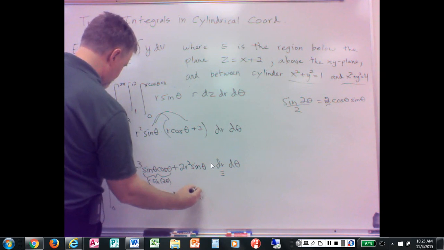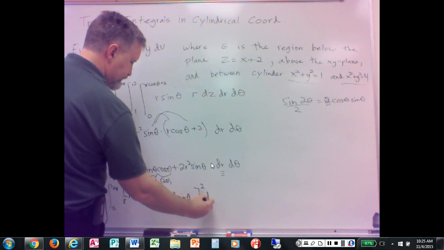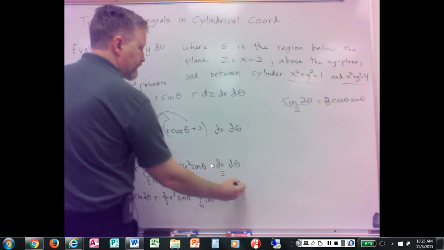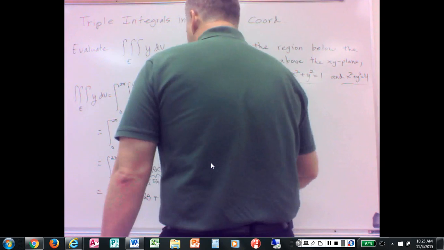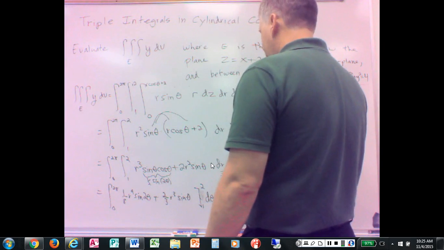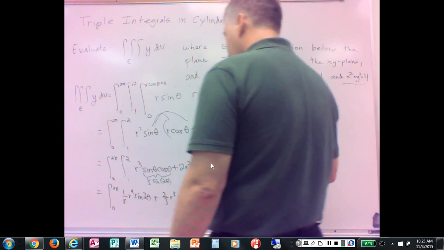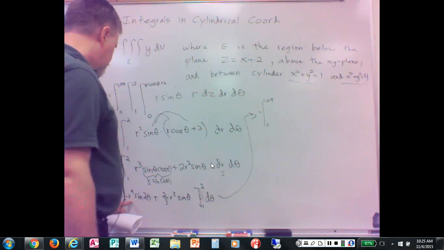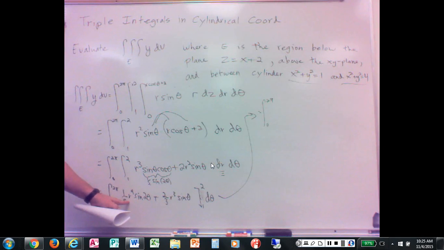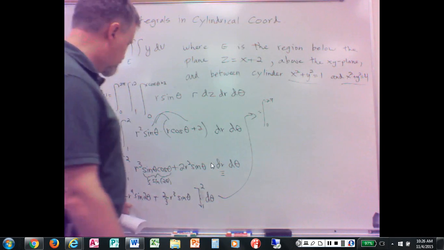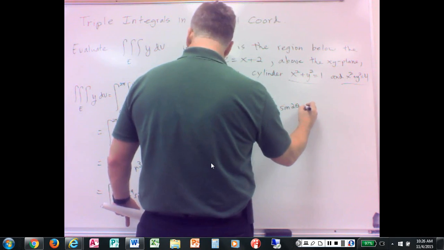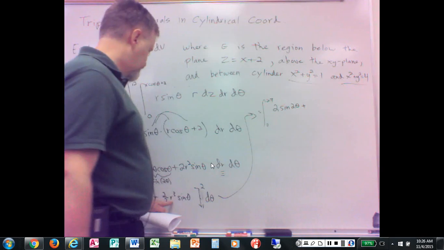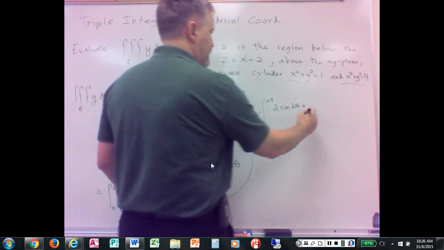Evaluate that from 1 to 2. Let's see, what does that get me? Well, if we plug in the 2, we have 1/8 of 16, so that'll be 2 sine of 2 theta. Is that right? Plus 2 cubed, so it'll be 16/3 sine theta.